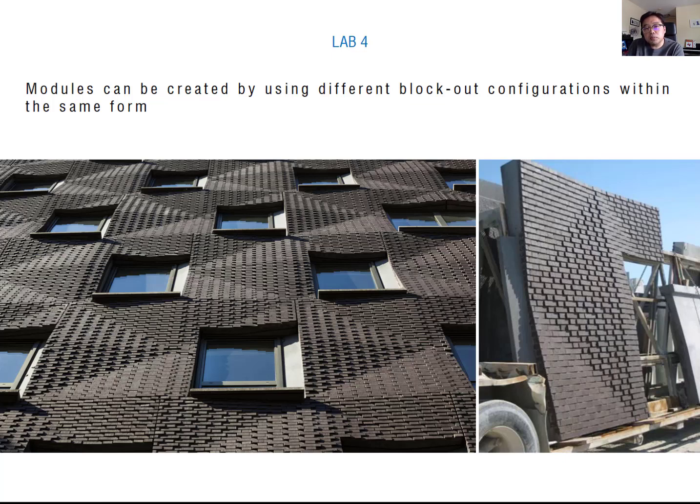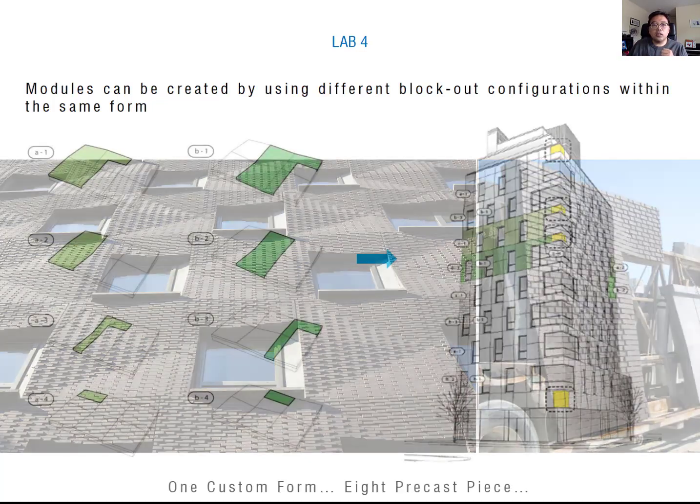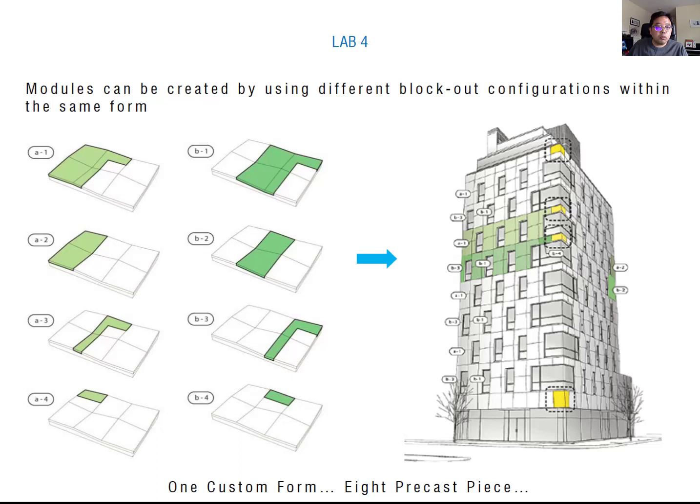You remember this project, it is precast concrete. It is a CNC mold, making a reusable mold, and then pouring the concrete, using the one single mold to create the undulating facade. But how do they make this more varied and dynamic facade? They simply start from one single mold, and then make out the panel.